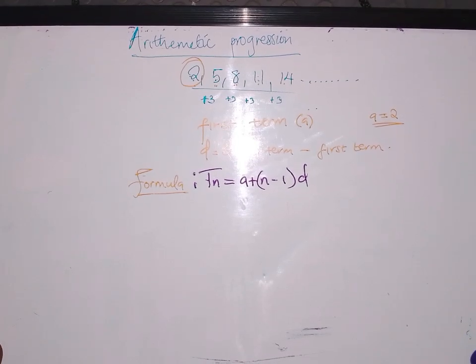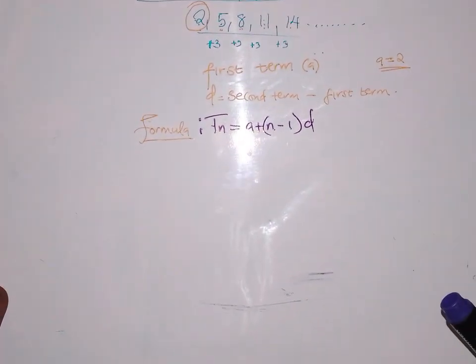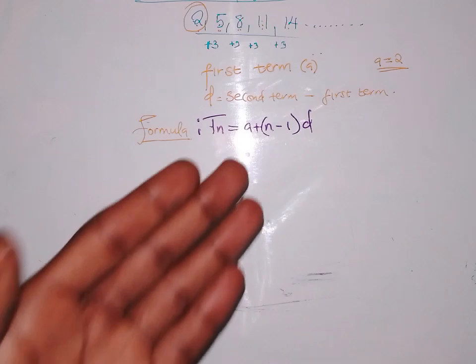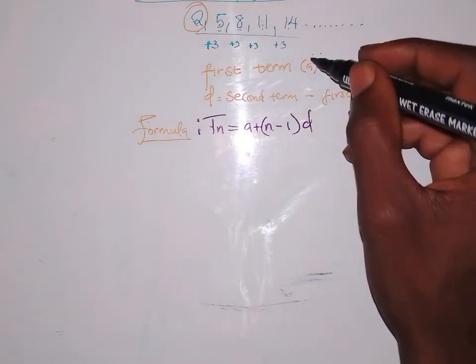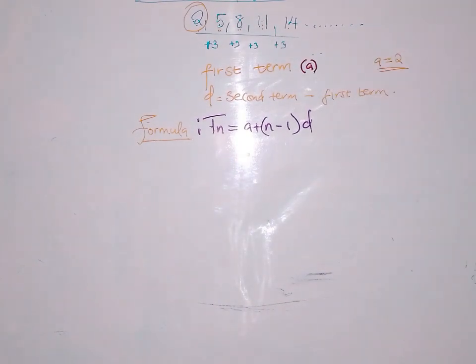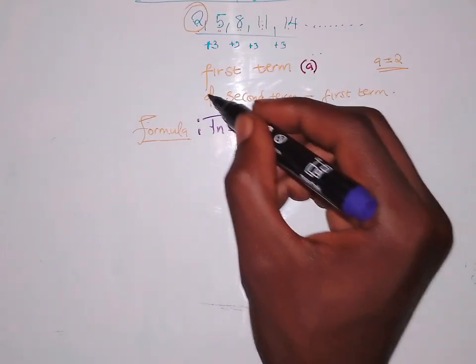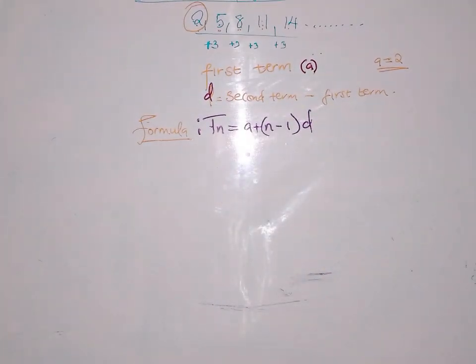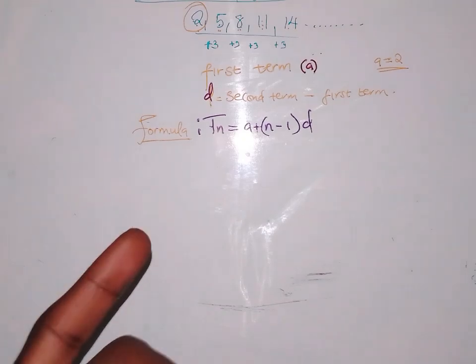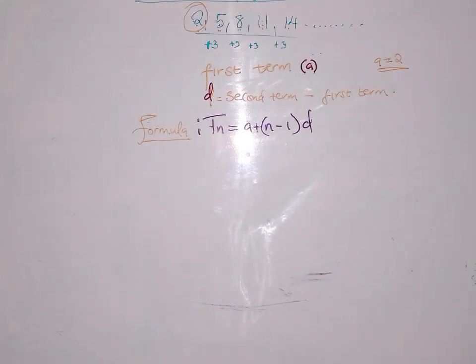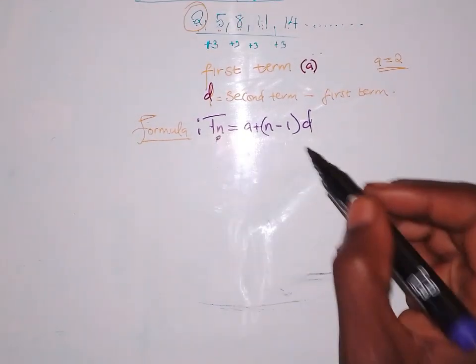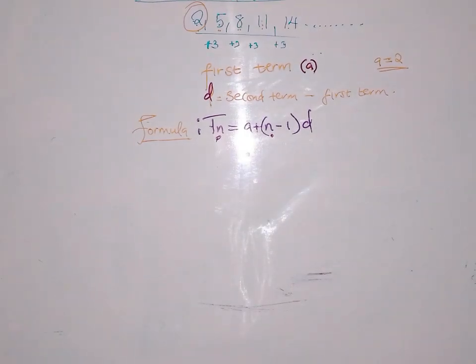Let me explain the meaning of the terms. We have already known that a means the first term. Then d is the common difference. In this formula, I'll talk about two other things which you also need to know.